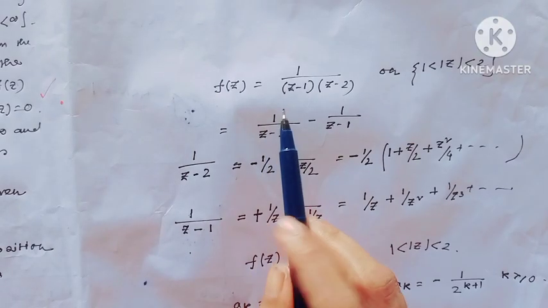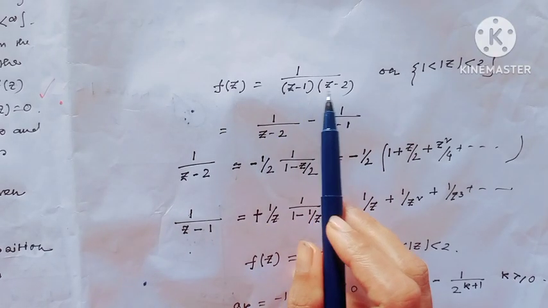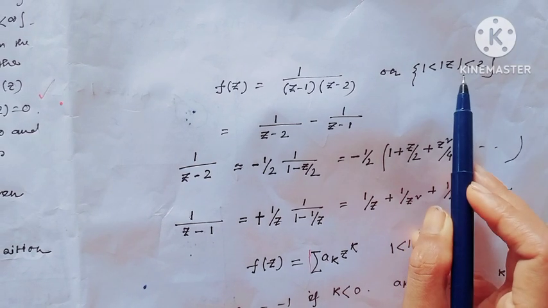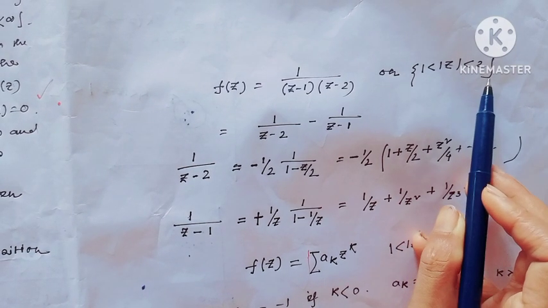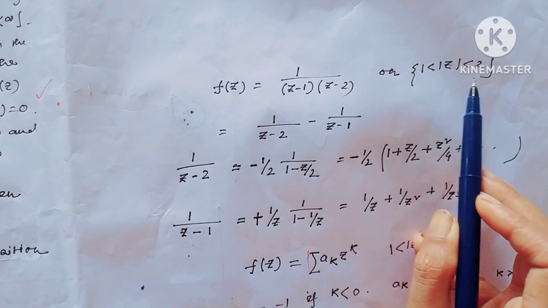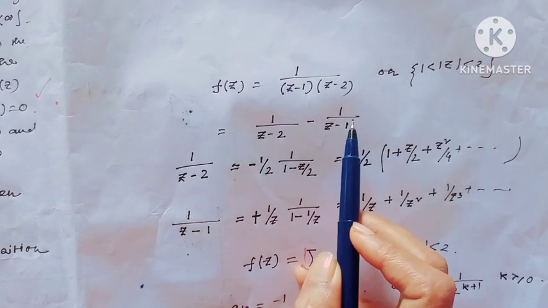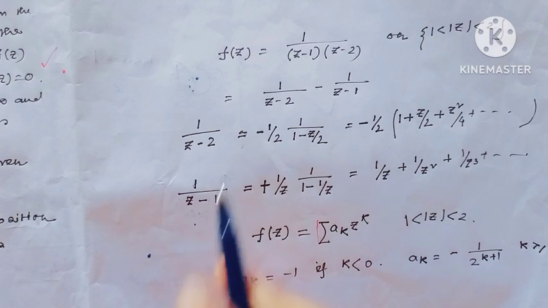Or f(z) equal to 1 over (z minus 1) times (z minus 2) on the region 1 less than mod z less than 2. Here the region is centered at 0. We can write this as 1 over (z minus 2) minus 1 over (z minus 1).